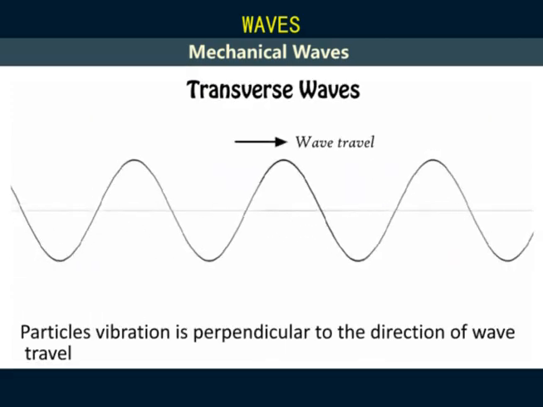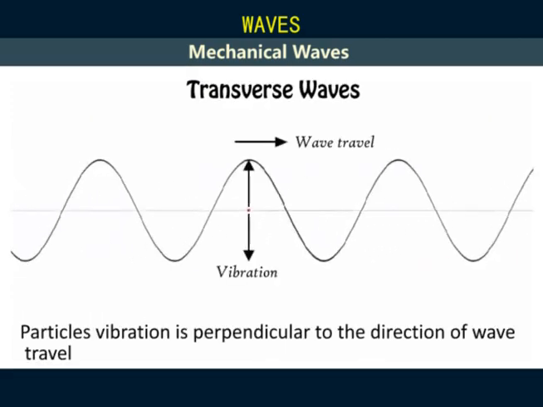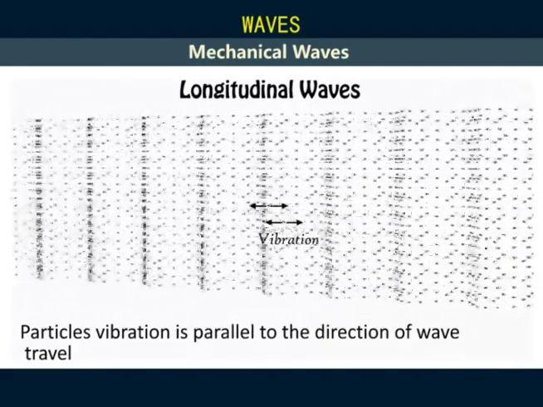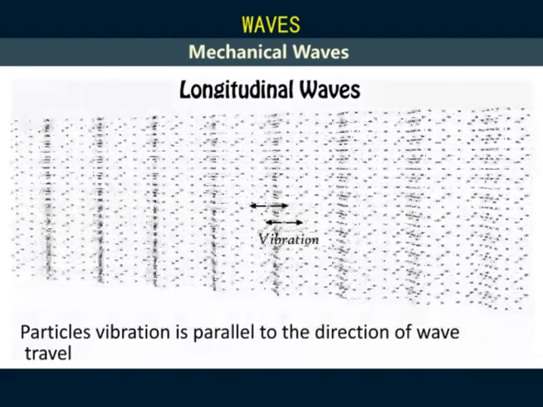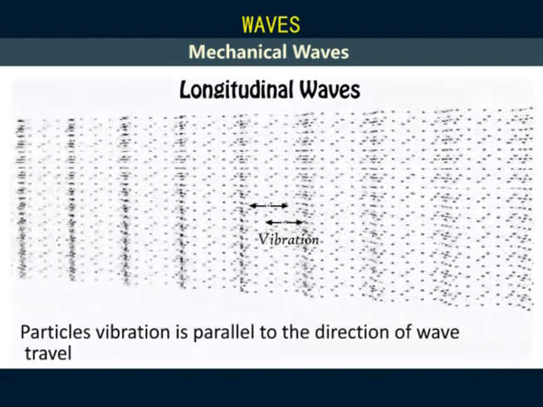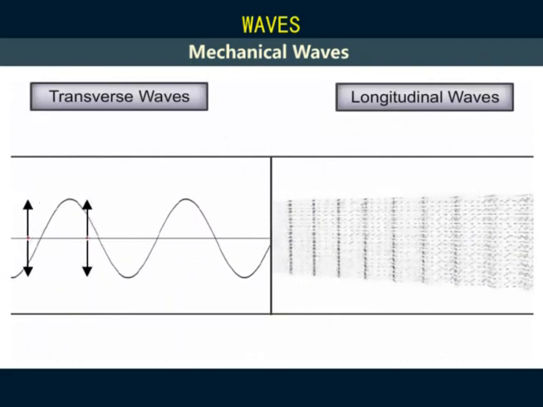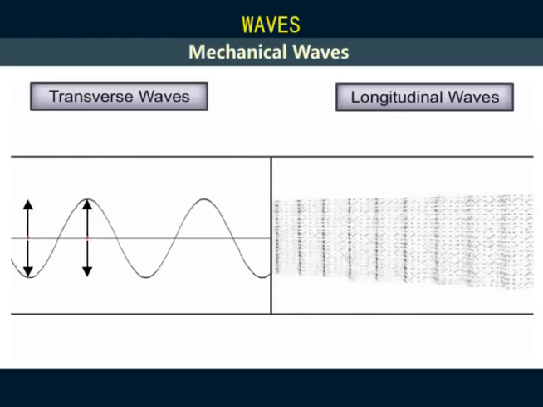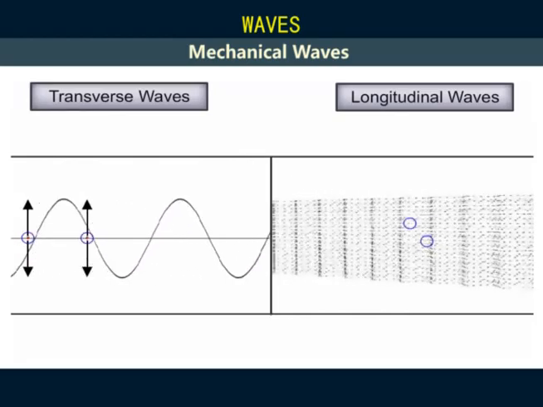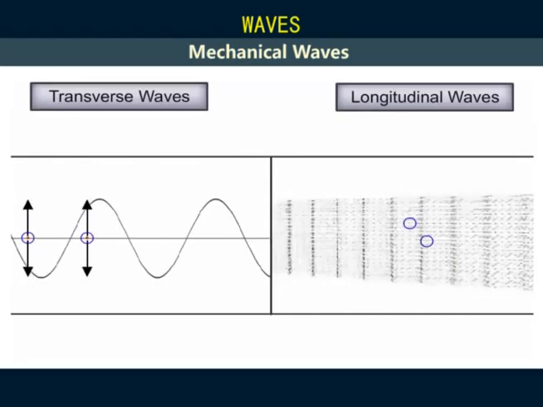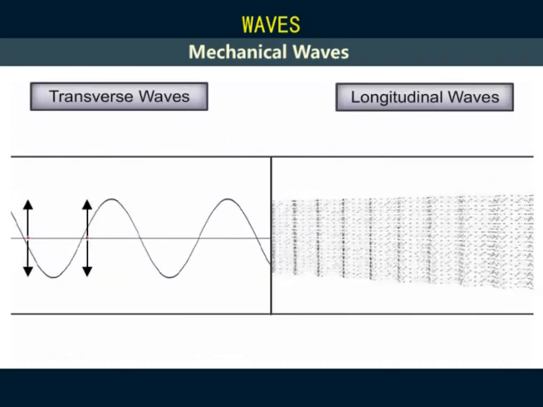In a transverse wave, the medium particles vibrate in a direction perpendicular to the direction of the wave travel, while in a longitudinal wave, the particles of the medium vibrate in a direction parallel to the direction of the wave travel. In both waves, it is only the disturbance that propagates and not the particles. The particles only vibrate about their fixed positions and transfer the energy to their neighboring particles.